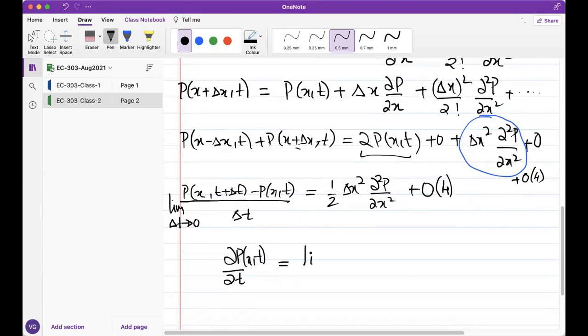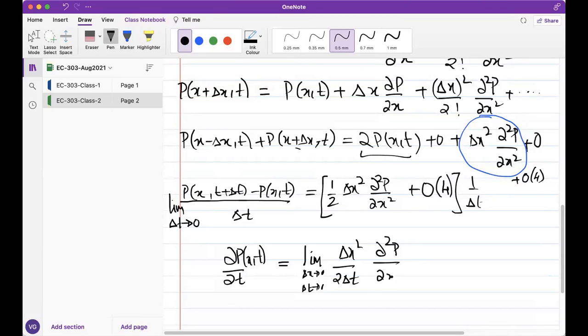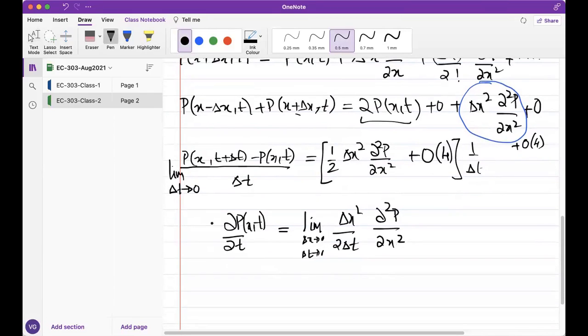It changes in the following way: delta x squared by 2 delta t, because delta t comes from this division, with both delta x going to 0 and delta t going to 0. And then we have dou square P by dou x square. So the rate of change of this probability density function is equal to some coefficient times dou square P by dou x square.